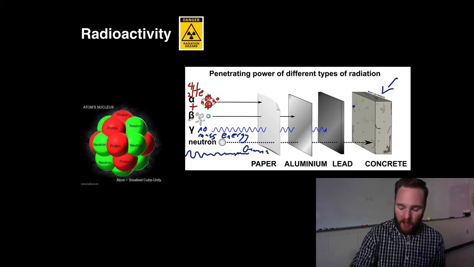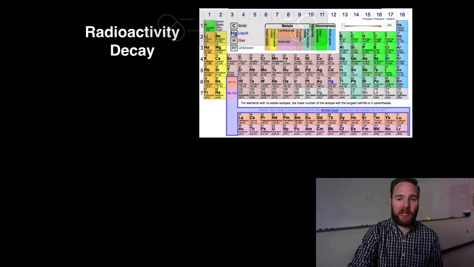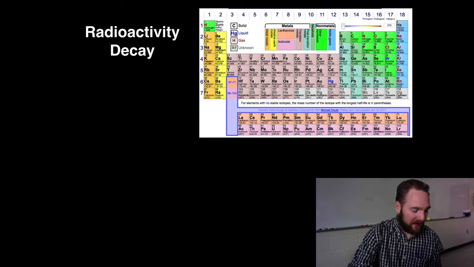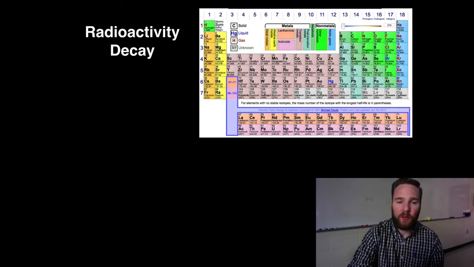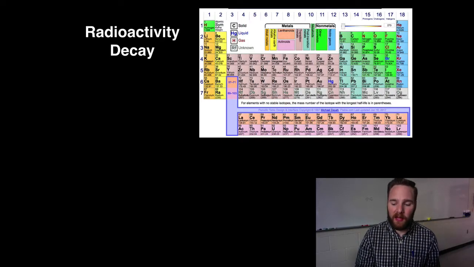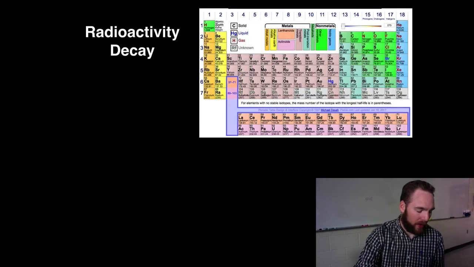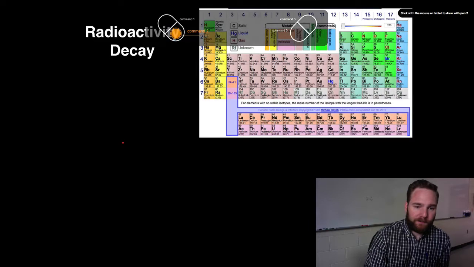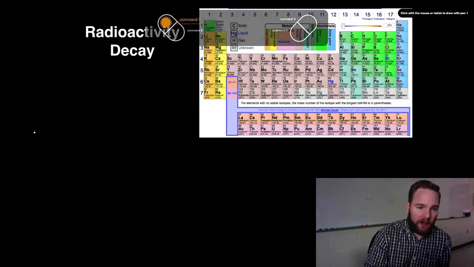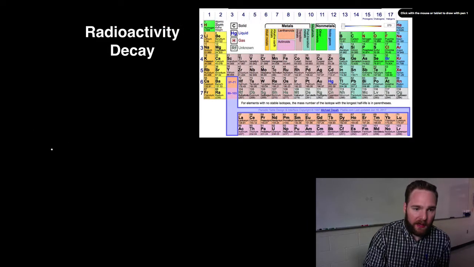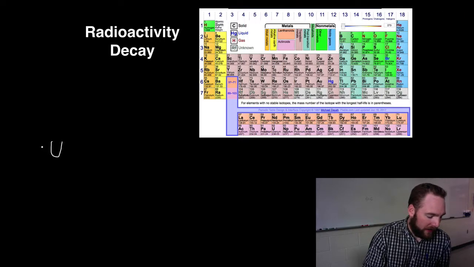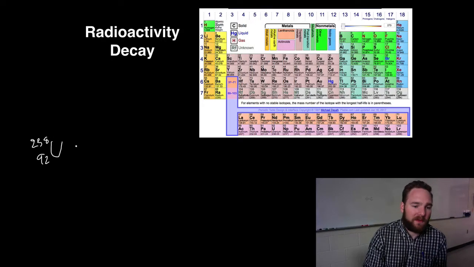Okay, so finishing up, let's talk about radioactive decay, and let's do a few problems. You're going to see these in class where you have, in essence, what we call nuclear equations. So let's start out, and I'm going to make one up here. Let's take uranium, 92 is the atomic number, and 238 is the atomic mass for uranium.